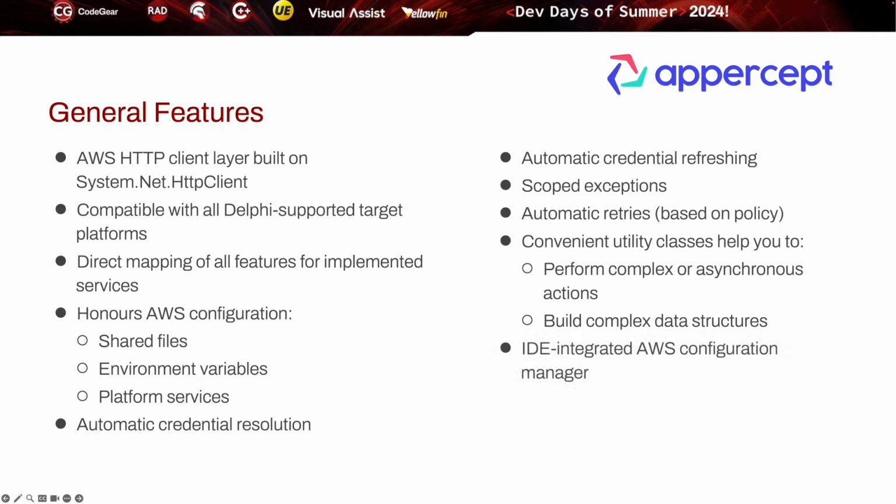We have an IDE-integrated AWS configuration manager. Under the Tools options, under the third party section, there is an Appercept AWS SDK, and that will give you access to your AWS configuration on your machine, which allows you to define profiles and switch between profiles within the IDE.